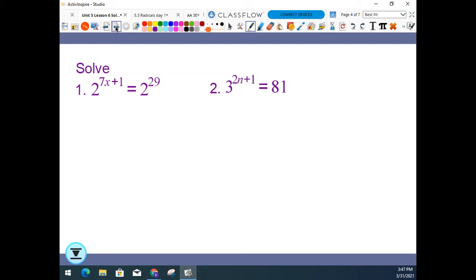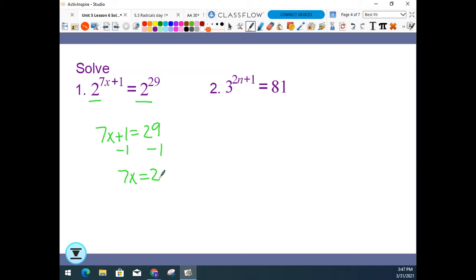All right, so in number 1, it's pretty spelled out. The base on the left is 2, the base on the right is 2, so the bases are equal. We now just need to get the exponents equal to each other for the equation to be true. So I just now am left with a linear equation.